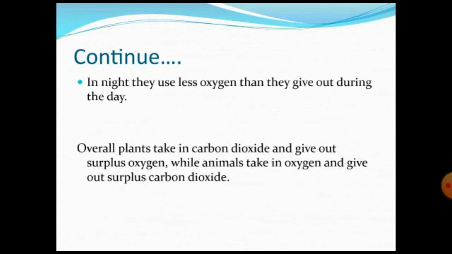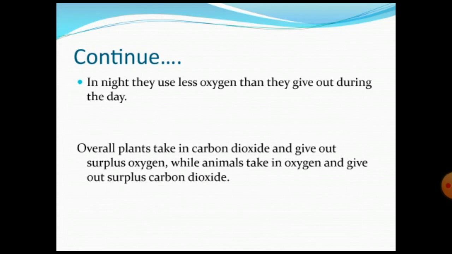So what do plants do? Plants release oxygen at daytime during the process of photosynthesis, and they respire at night when there is no sunlight and no photosynthesis takes place. So they are using that oxygen. What happens overall? Plants take in carbon dioxide and give out surplus oxygen.